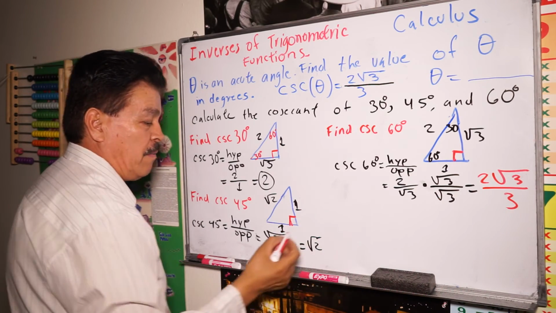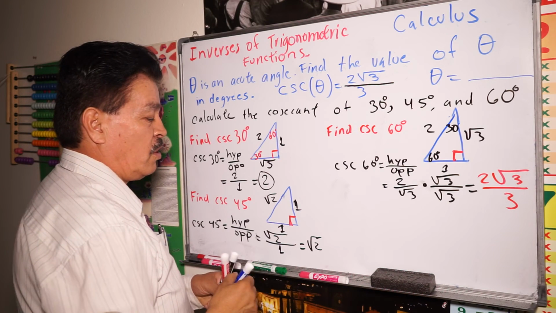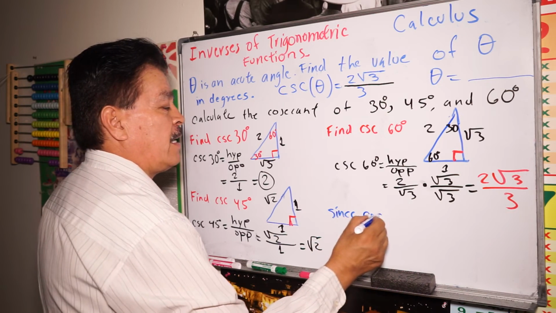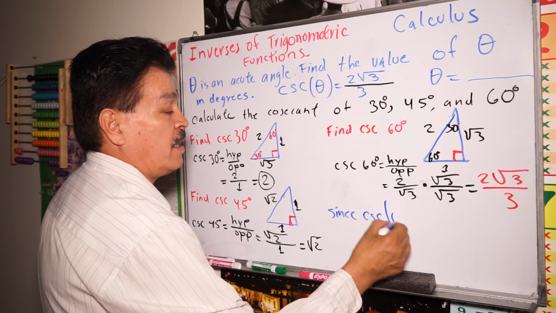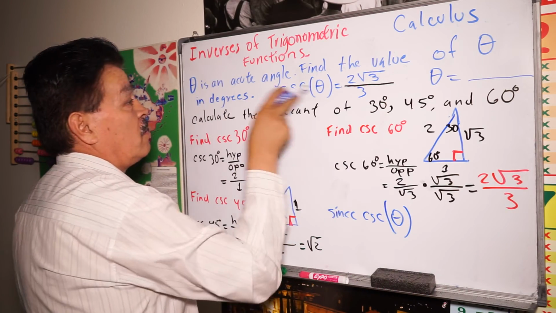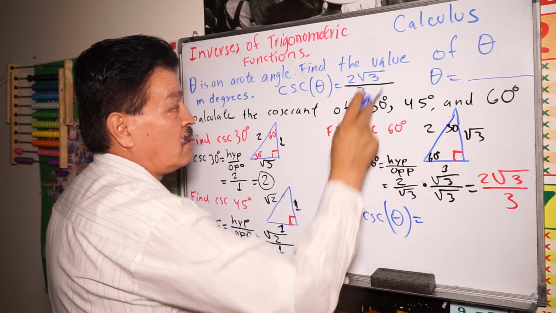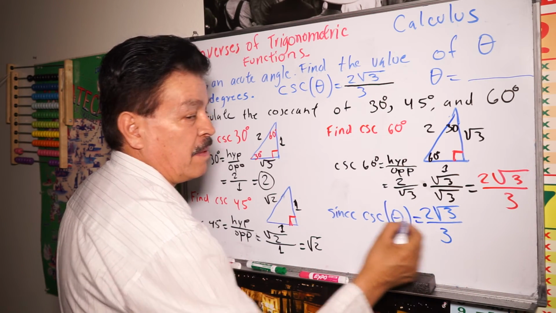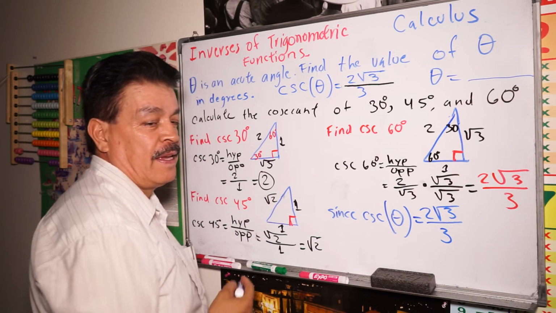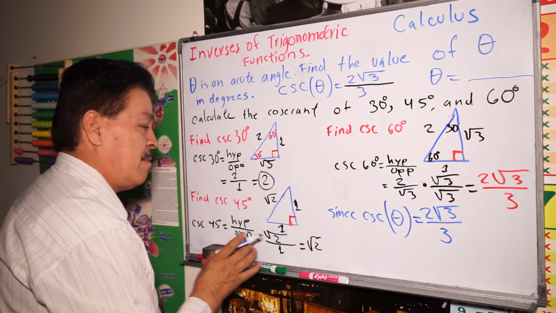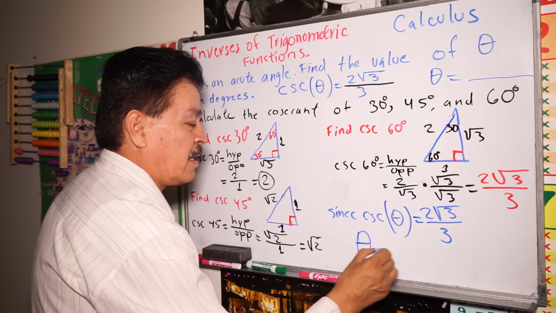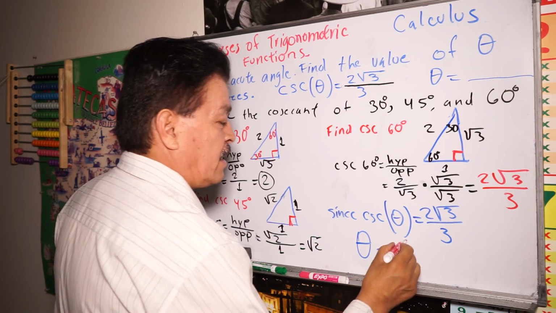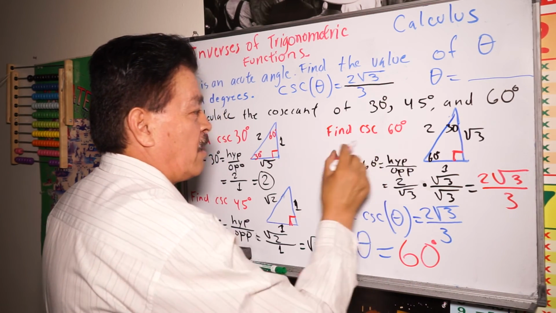So the conclusion: since the cosecant of this angle that we were looking for equals 2 times square root of 3 divided by 3, the value of this angle is 60 degrees. Very important.